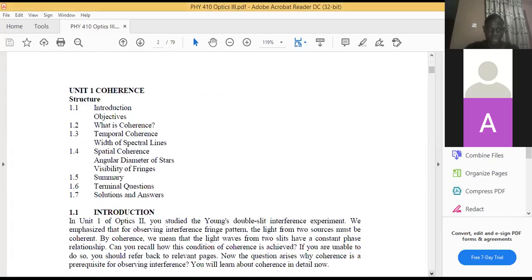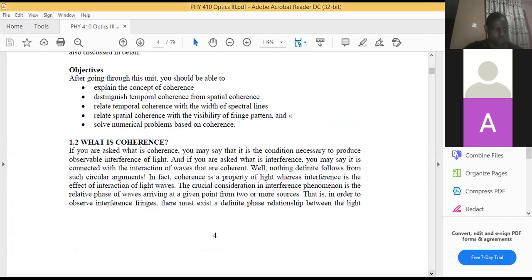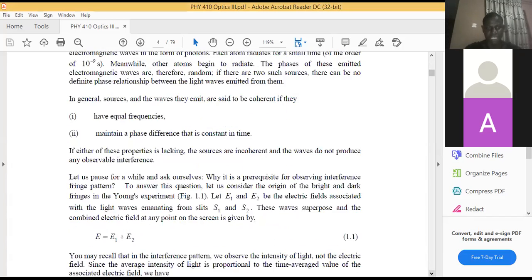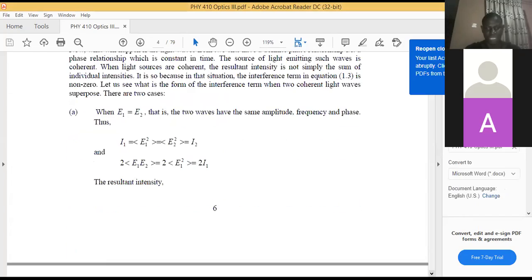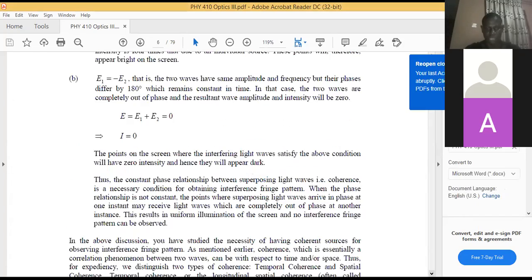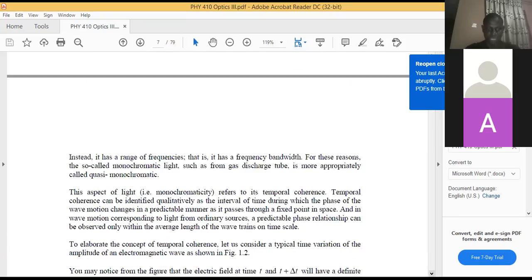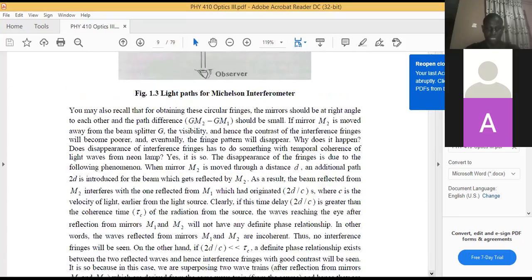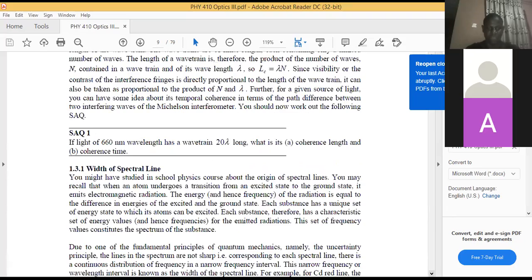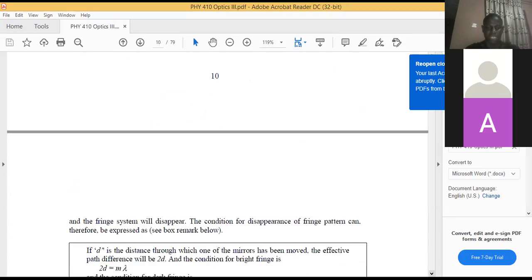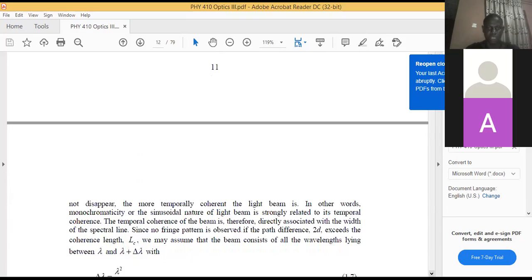So I divided this into 4 parts in which I said Unit 1 will be taught for 2 weeks. But due to the fact that we didn't hold any class last week, we had an introductory class in which we were able to just introduce ourselves, fix the time, and knowing fully well that we have a short period.